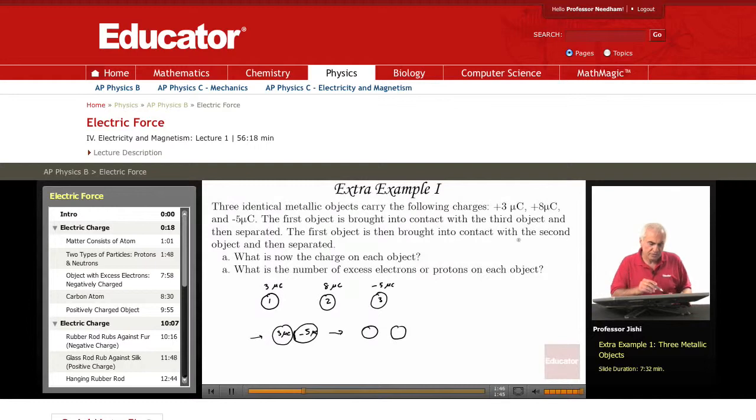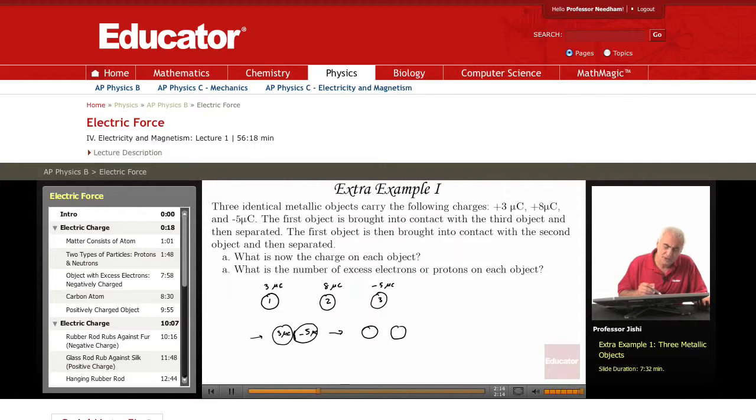So now, before we go to this statement, let's figure out what happened here. If they're in contact, then there will be transfer of charge. Remember that it's a metal, and in metallic objects, charge moves freely.